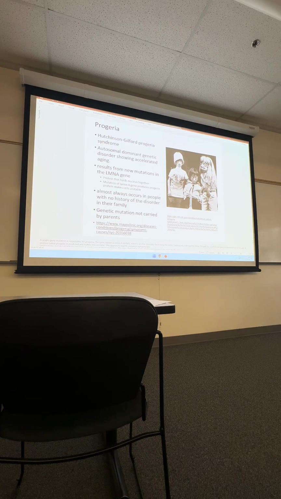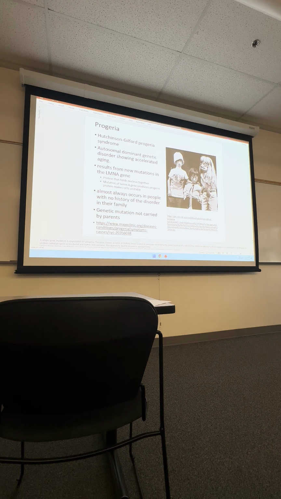This is the strangest genetic condition I've ever heard about. It's called progeria. Have you ever heard of it? People that have progeria accelerate their aging process really, really rapidly. It is a mutation of the LMNA gene.